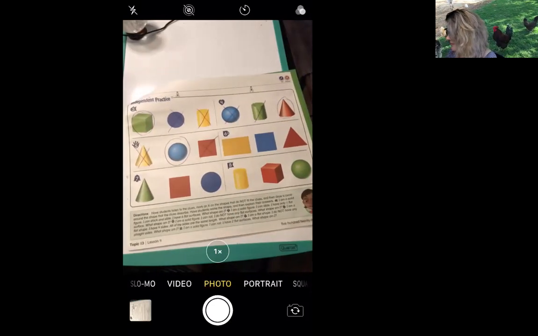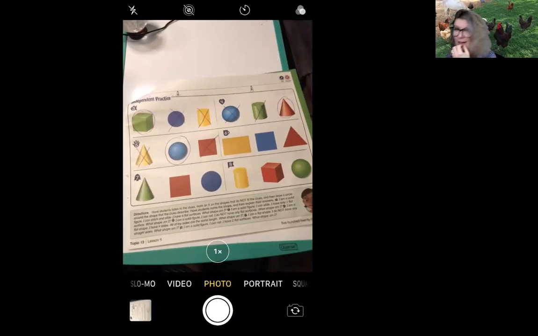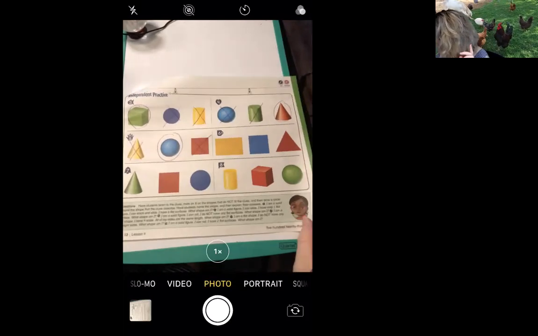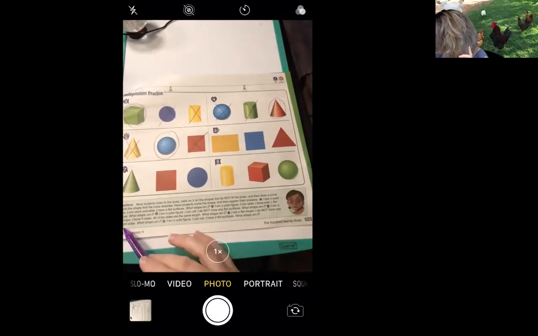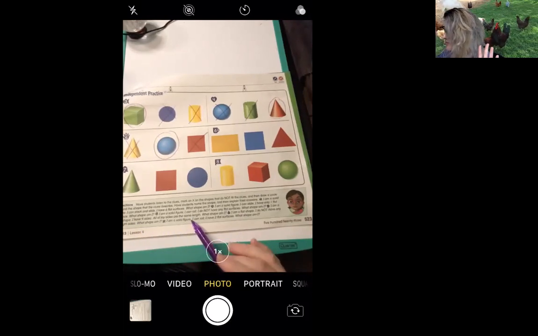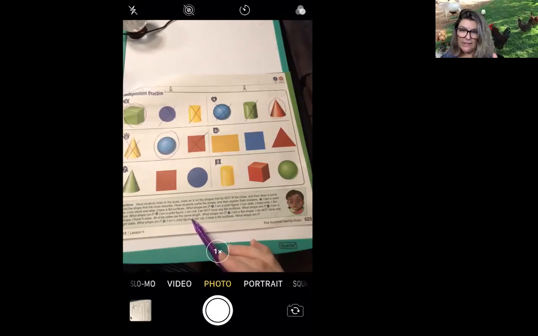Number 6. Oh boy. Number 6. I am a flat shape. Hold on, number 6, let me see. I am a flat shape. I have 4 sides. All of my sides are the same length. Okay, so flat, 4 sides, same length.